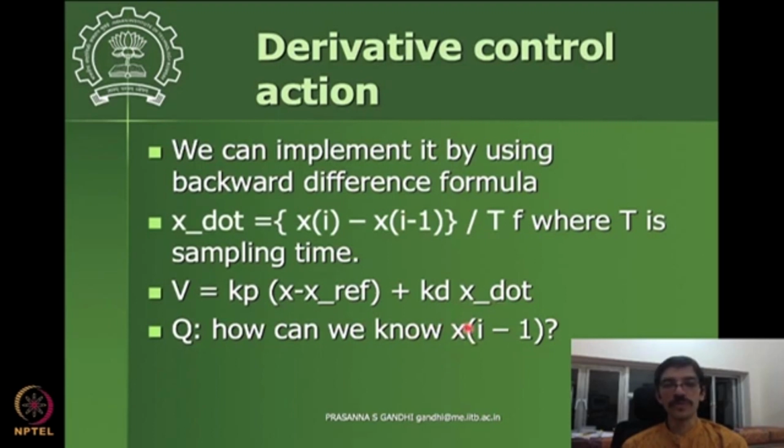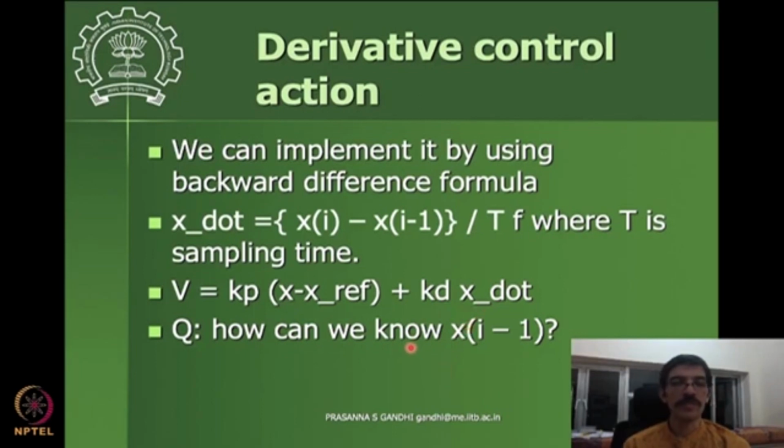Since we are working in the interrupt service routine, we need to store the previous values. We store the current values, which will be available as x previous for the next sampling instant to come. That is how we store the previous value at every sampling instance.